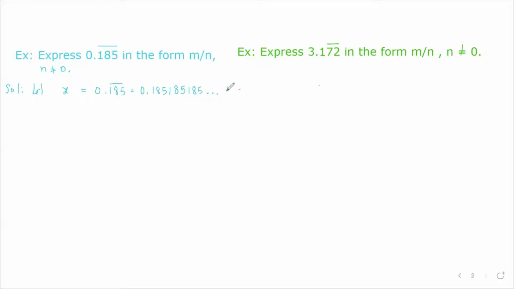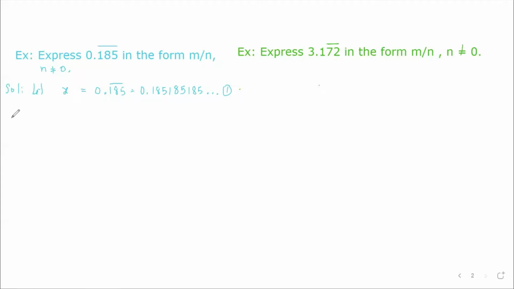We let this one be equation 1. You observe, because of the decimal here, the way we have to do it is to try to eliminate or isolate the repeating digits. The repeating digits here are 1, 8, 5, 3 digits. So we take equation 1 times 1000 because they're repeating 3 digits here.